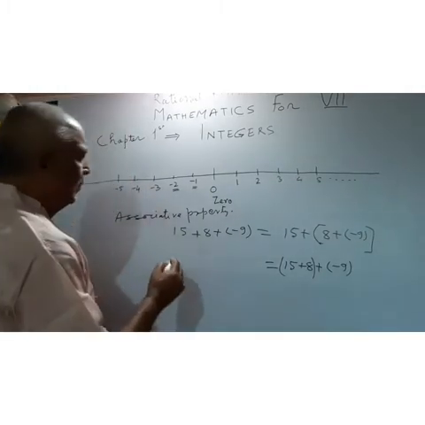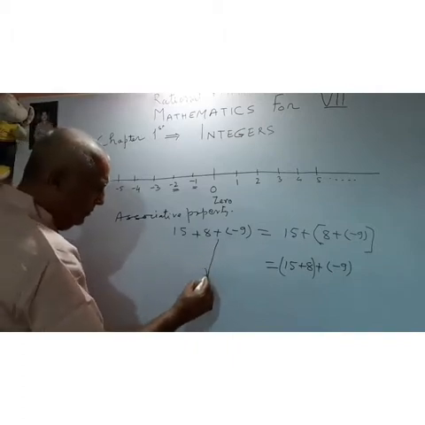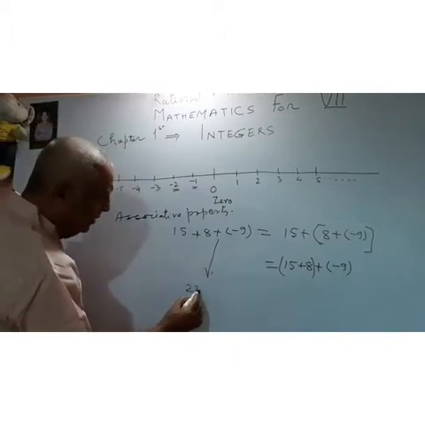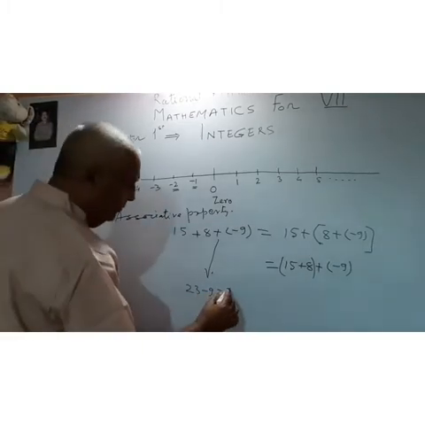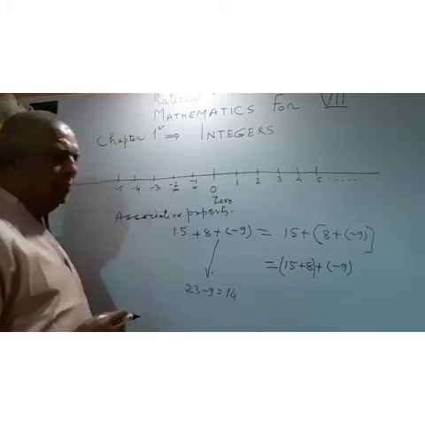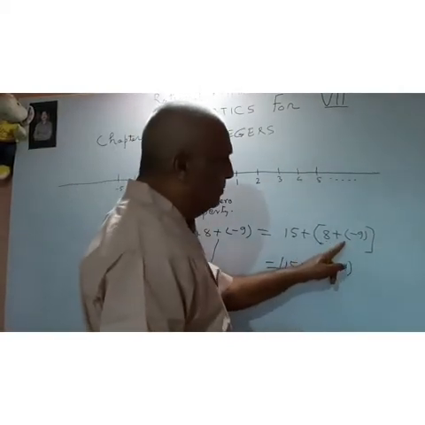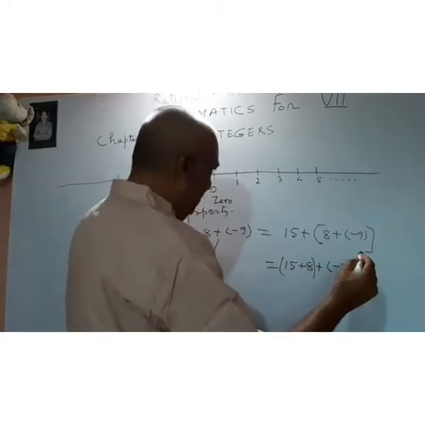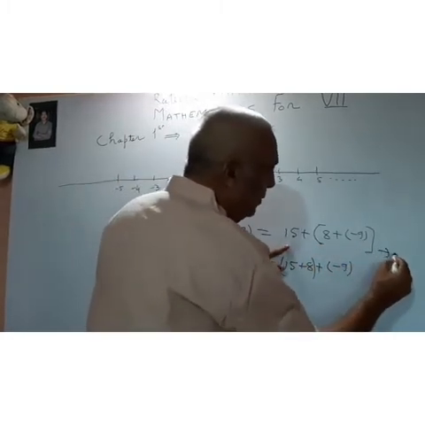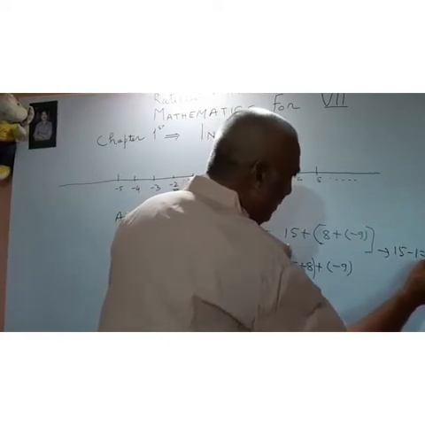You may say here 15 plus 8, and here, let me see, 23 minus 9 is equal to 14. Come here, 8 plus minus 9 is equal to minus 1. 15 minus 1 is equal to 14.